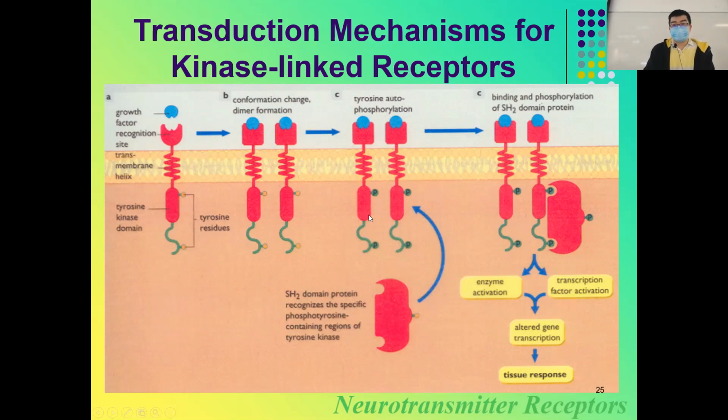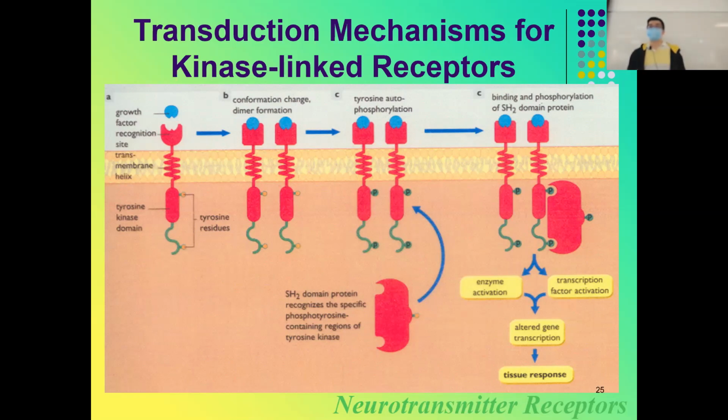Now, one question is why the phosphorylation will cause such a difference in the protein for receptors. Usually phosphorylation will occur at serine, threonine, or tyrosine residues, and in this case it is tyrosine.